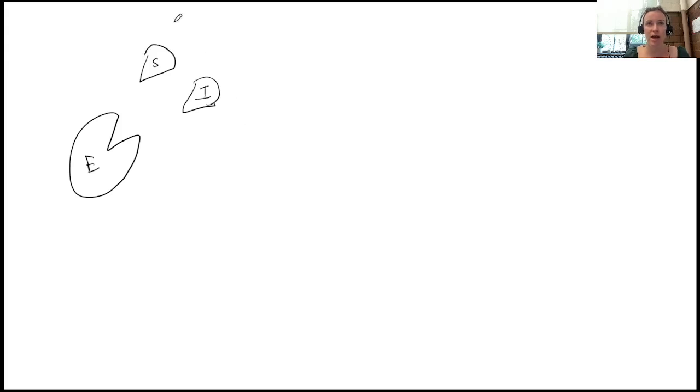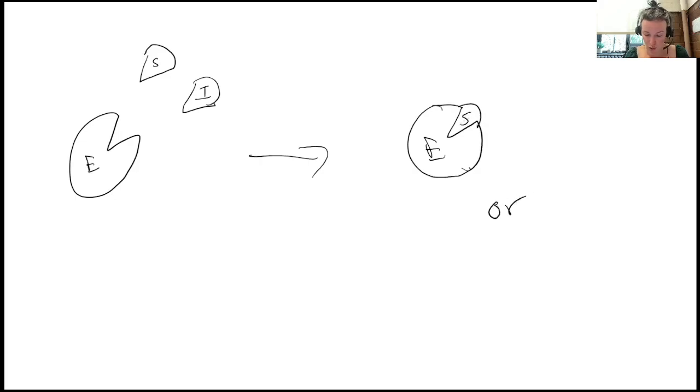So you notice how I've drawn the inhibitor and the substrate to look about the same, keeping in mind, I am no artist. So what can happen, folks, is this enzyme is either going to bind substrate or it is going to bind inhibitor.